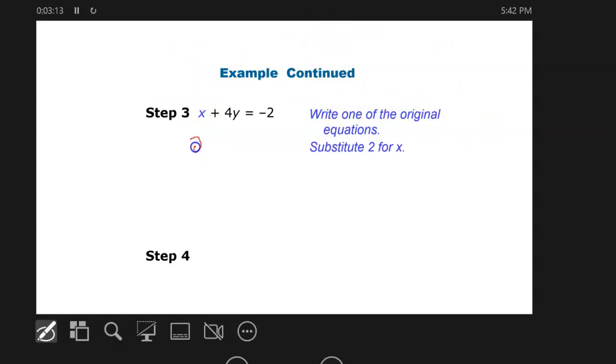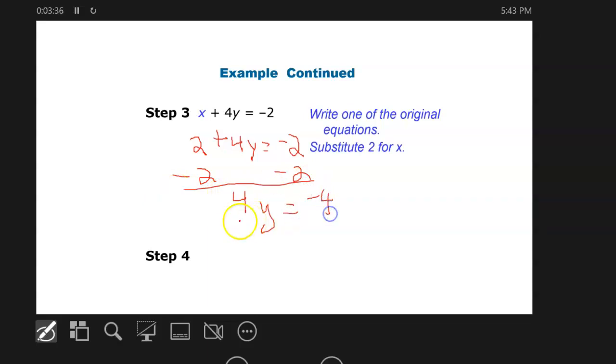So I'm going to replace x with 2, and I get 2 plus 4y is equal to negative 2. In order to get rid of the 2, I'm going to subtract 2 from both sides, and I'm going to get 4y is equal to negative 4. Divide by positive 4, and I'm going to get y is equal to negative 1.